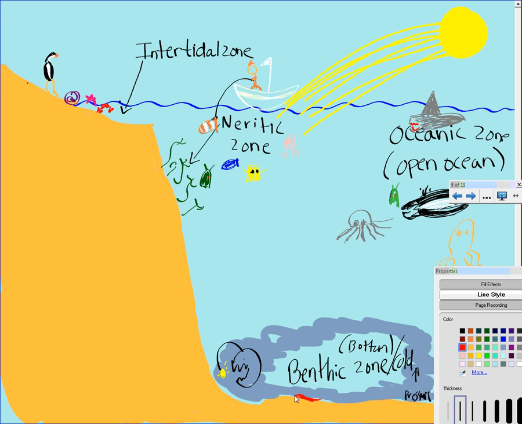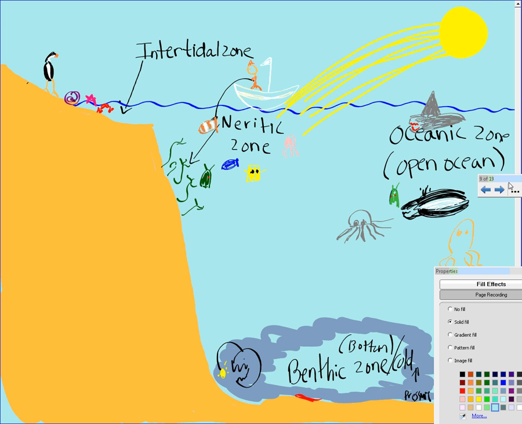Listen up. Just because these things are in this area, that's where they live. That's mostly where they hang out. It does not mean they can't swim to another area. There have been times where sharks have come to the neritic and the intertidal zone and attacked. Not really a shark attack, because they live in the water. We are intruders and trespassers when we enter there and they attack us.